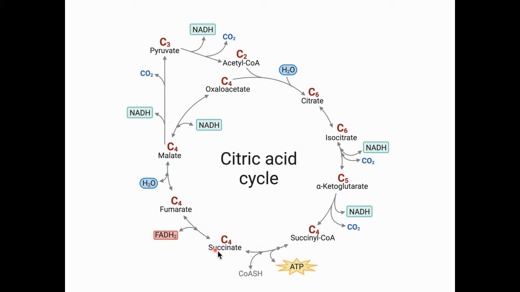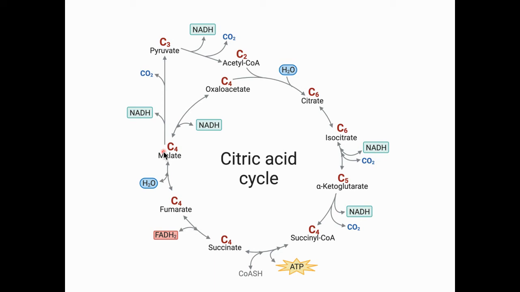You can notice that from this point on, it will not lose carbon dioxide anymore. Succinate will produce fumarate and also lose 2 electrons to become FADH2. Fumarate can combine with water and become malate to complete the cycle.